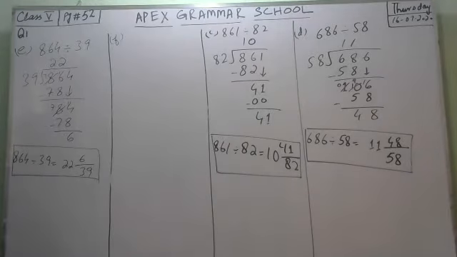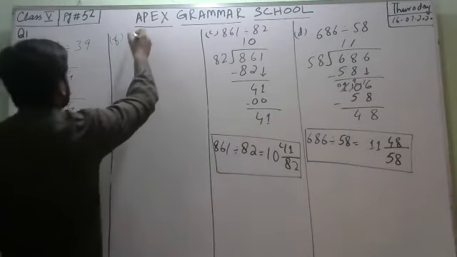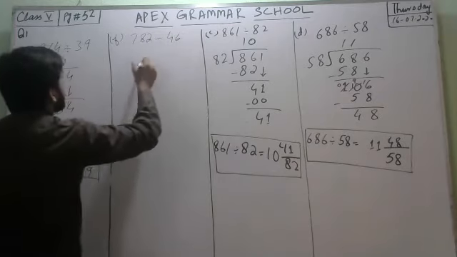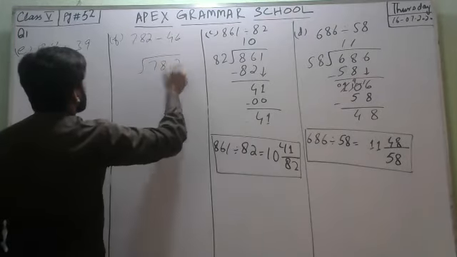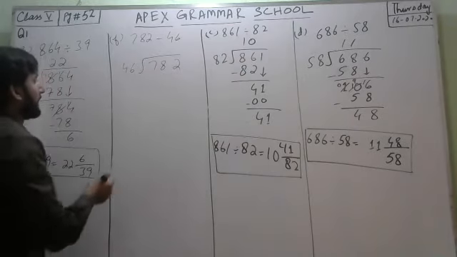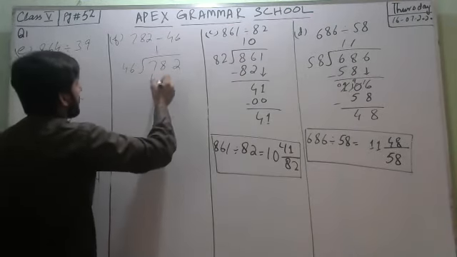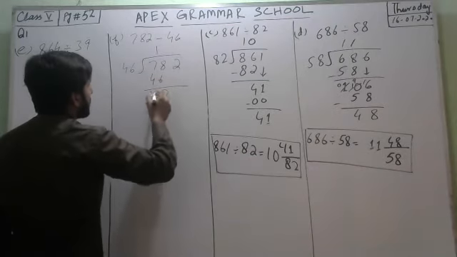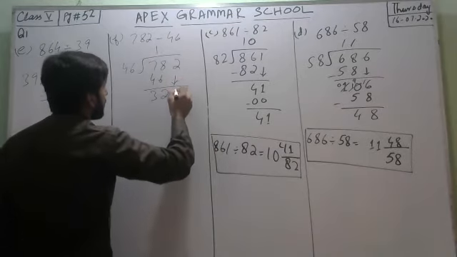Last part of this question is 782 divided by 46. 46 twos are 92, so it will be greater. We will use 1. 46 ones are 46. 8 minus 6 is 2, 7 minus 4 is 3. 2 will come down.